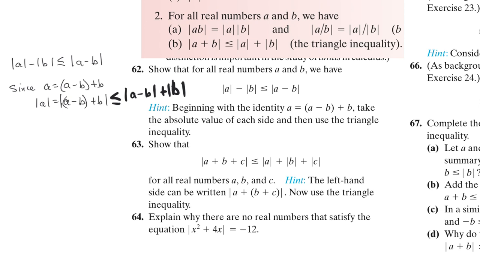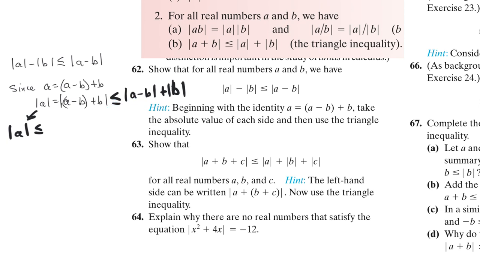Okay, so now what we can do is take that statement again and rewrite this. So the absolute value of a is less than or equal to, and I'm going to leave this middle statement out and jump right to here, and write that down.